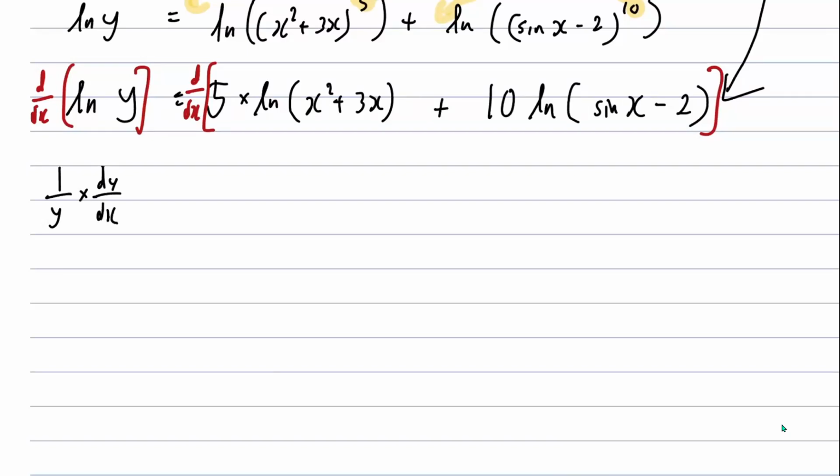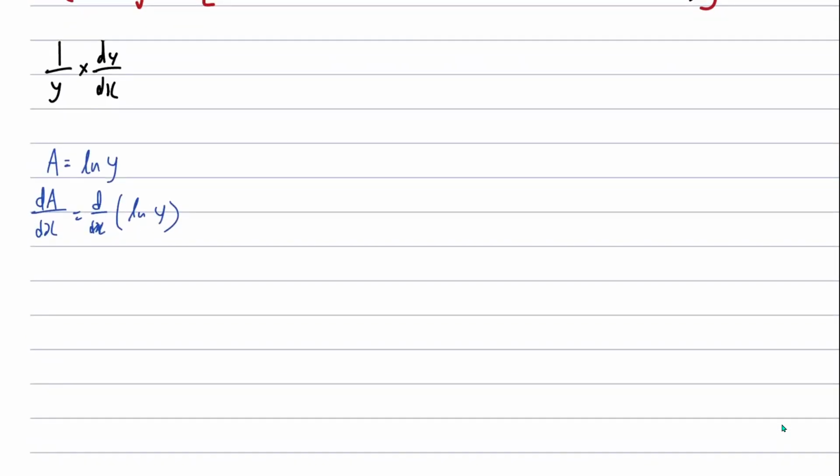To convince you, since you're seeing this the first time, let A equal ln y. What I just asked you to do was to differentiate with respect to x, d by dx of ln y, right? But I don't want to write this down. Instead, I write dA by dx, and I split it up as dA at the top, dx at the bottom, and I introduce a dy.